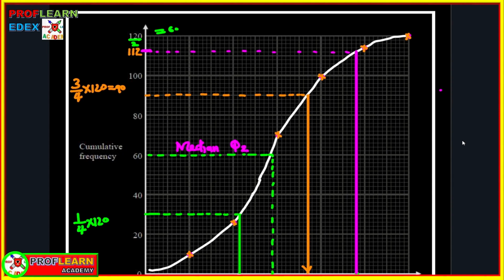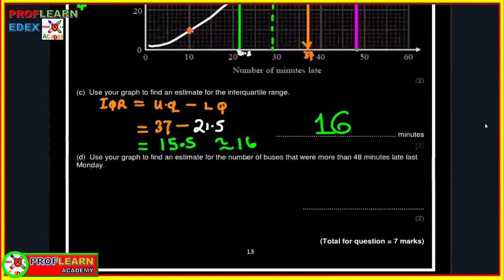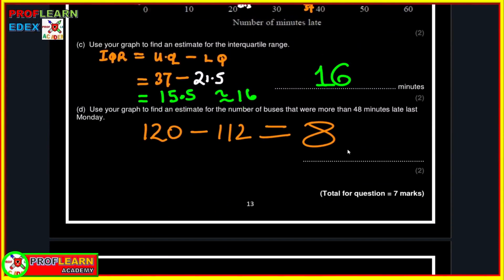So 112 buses took up to 48 minutes. Above 48, we say 120 minus 112, which is 8 buses. You need to know how to answer questions like that.